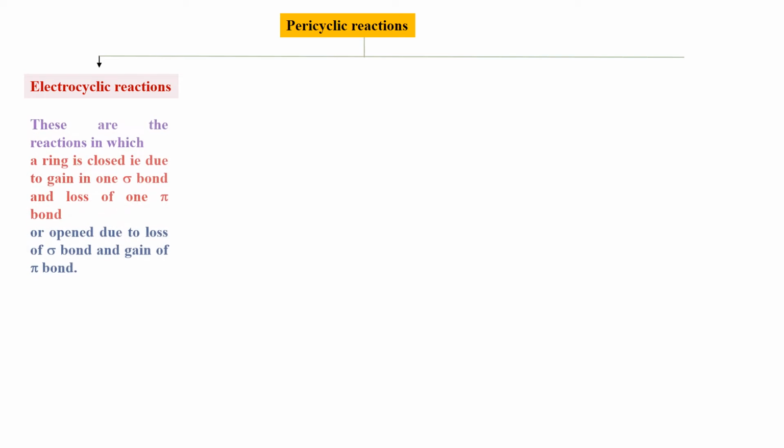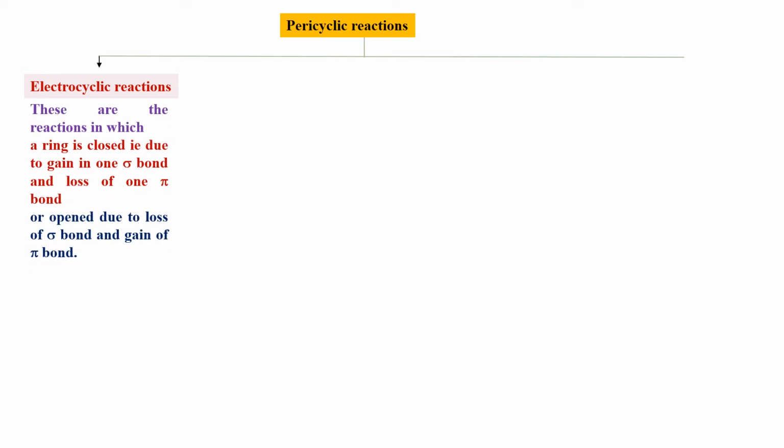The first type is the electrocyclic reaction. What are electrocyclic reactions? In electrocyclic reactions, an open chain structure is converted into a cyclic structure, or a cyclic structure may be converted into an open chain structure.